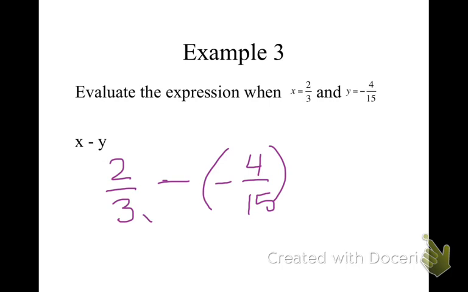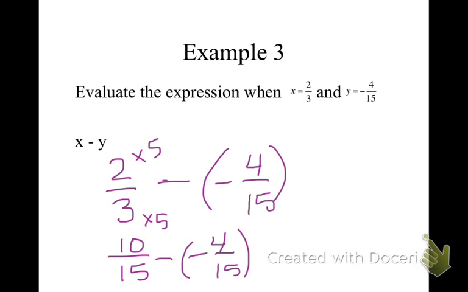If we multiply top and bottom by 5, we can rename this fraction to an equivalent form of 10/15. We're going to be subtracting that negative 4/15. So remember, write the sum or difference over the denominator. Now we can see right here that we can change that to addition.